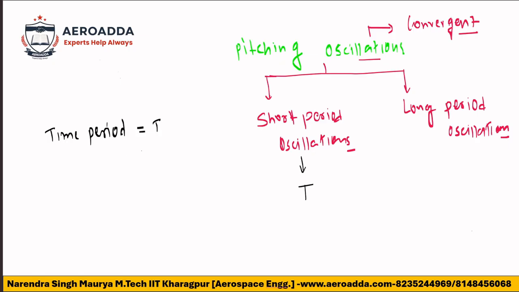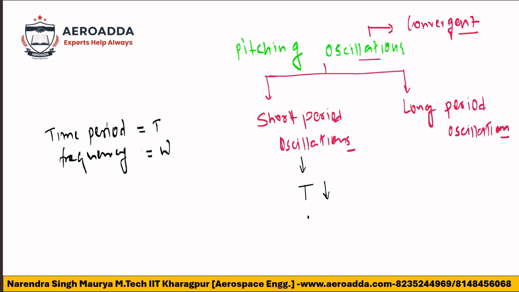And frequency, just like in vibration where I discussed natural frequency, is W. Always remember W is the frequency, which will be in radians per second. So short period oscillation means the time period is less, and long period oscillation means the time period is long.